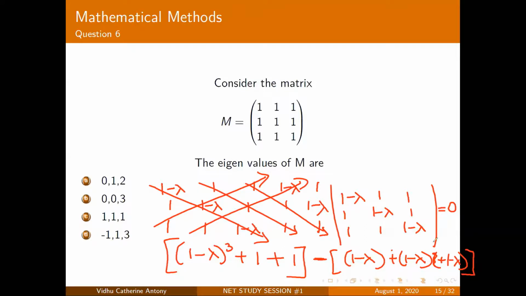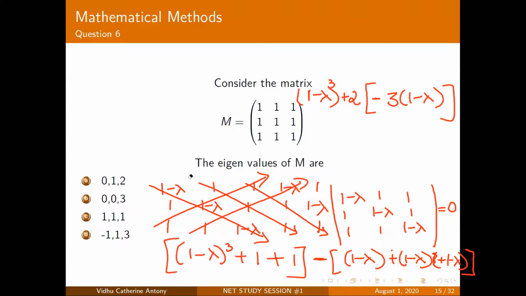Okay, so now what do I have? I have 3 times this. Okay, so let me just reduce that out. 3 times 1 minus lambda with a negative sign, and here I have a 1 minus lambda whole cubed, and I add a 2 to this. Okay, so this is what I have.